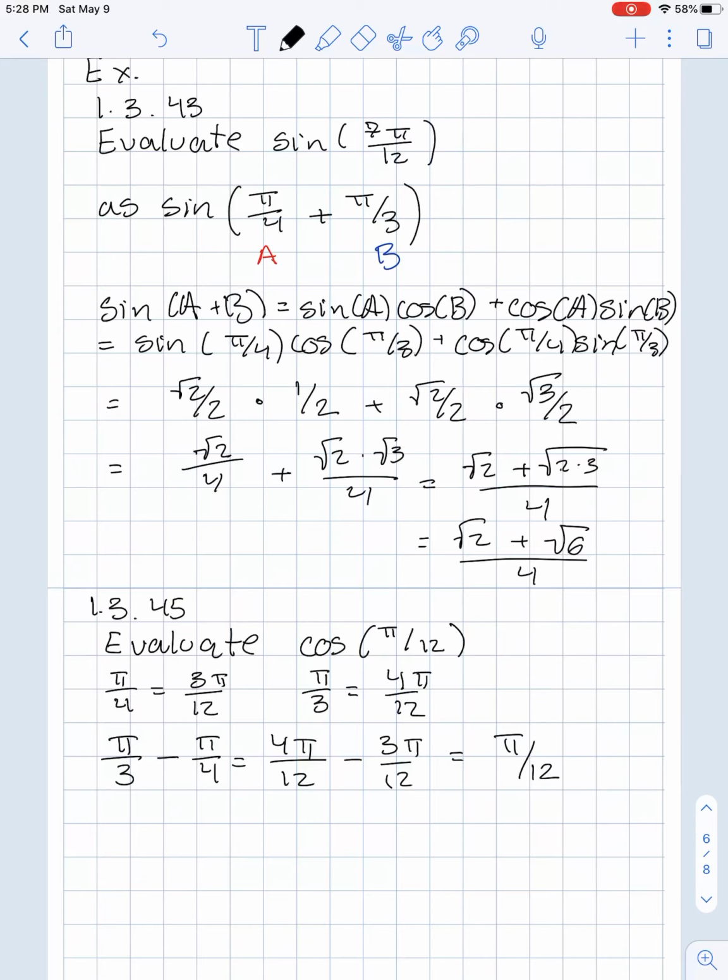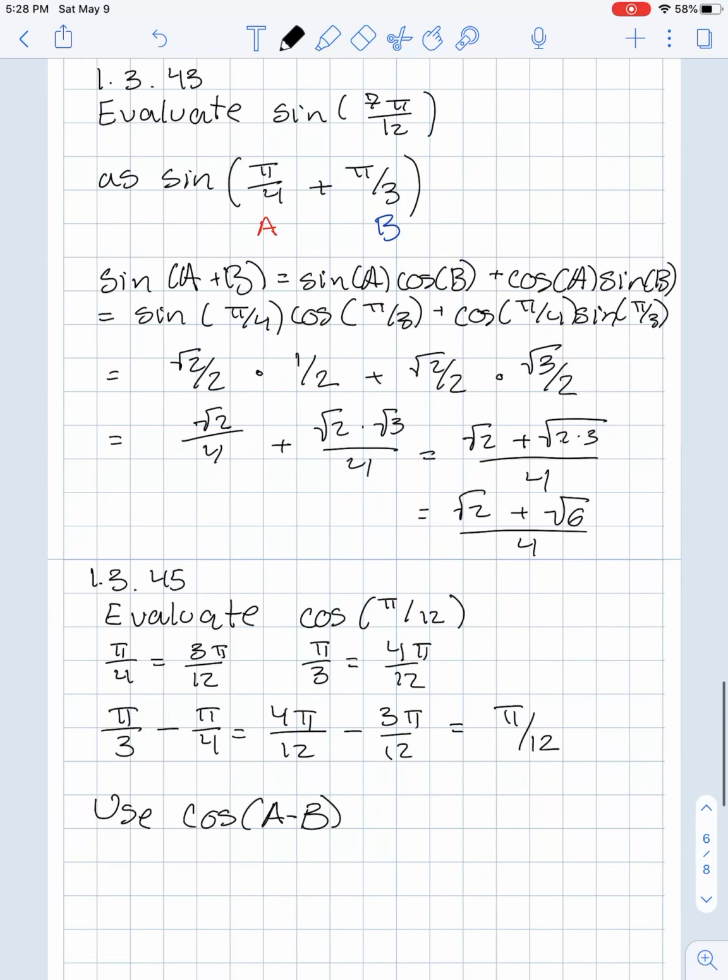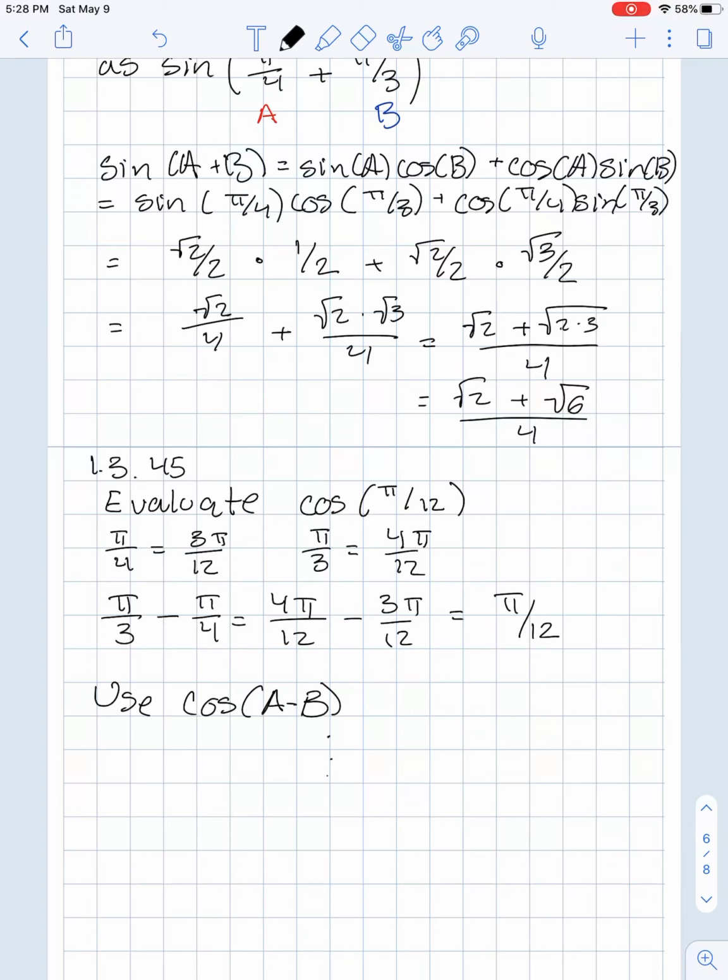And then I can plug it into my subtraction, and I would get what? I would plug it into cosine of A minus B, and I hopefully will get back out what?